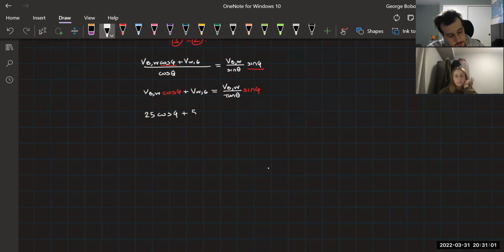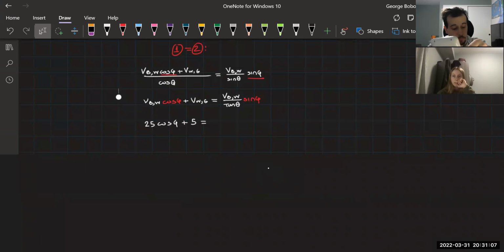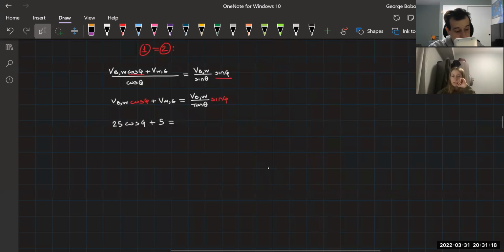Then VWG is 5. And then VBW over tan theta. Let me do that one real quick. 25 over tangent. Make sure you're in degrees of 45. That is, wow, that's exactly 25. Yeah, because tangent of 45 is actually 1. I forgot about that. So this is what you have.